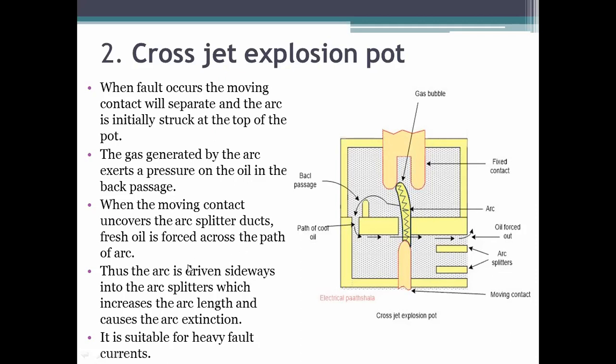And when the moving contact uncovers the arc splitter ducts, the fresh oil is forced across the arc path. This is the moving contact, and it is coming up to this point only.